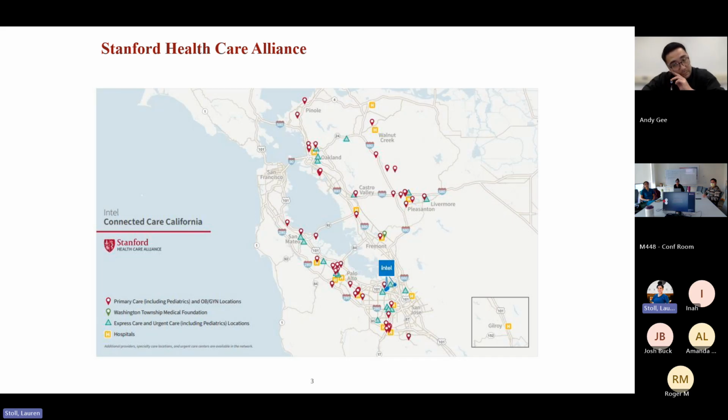There's Tri-Valley in the East Bay, I want to say. Yeah, everybody's saying yes. And then, of course, other partnerships. For example, Stanford is currently leasing a unit at Sequoia Hospital in Redwood City. So there's a lot of growth and expansion happening all the time, and it's a really great place to start your career.